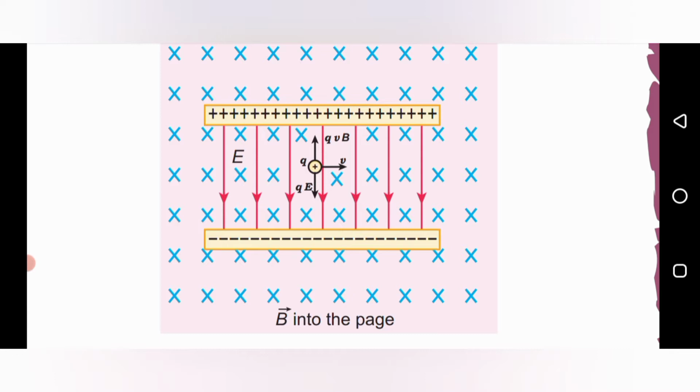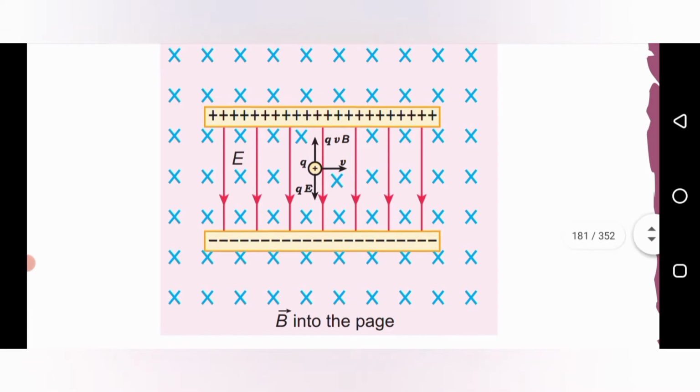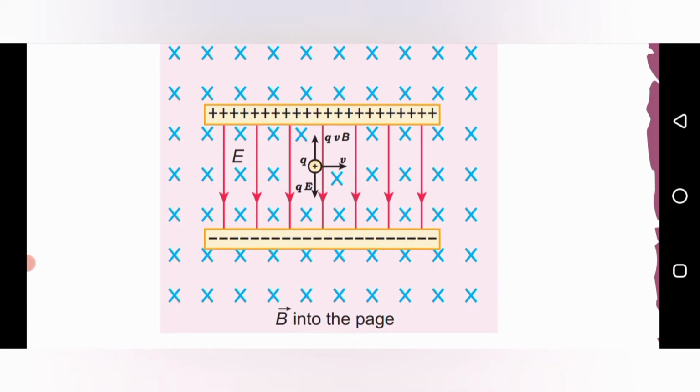Now suppose the charged particle enters this space from the left-hand side. The net force on the particle is considered by taking the two forces, the electric force and the magnetic force. The electric force is F equals EQ, which we already studied in the first lesson.